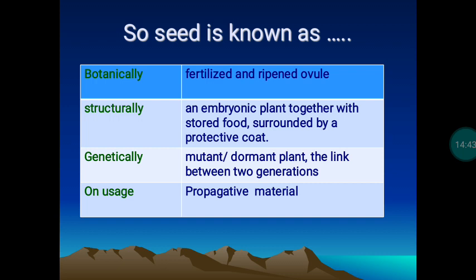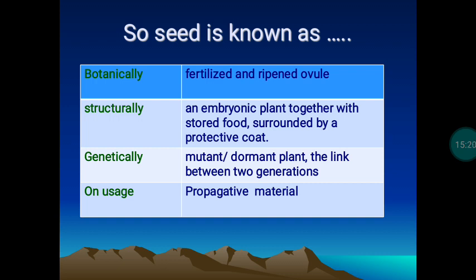Whenever you sow that seed in ideal conditions, at that time only the metabolic activity gets activated and starts to produce the root and shoot. During storage, it remains metabolically less active. I can't say it's inactive, it's less active. The minimum biological processes like respiration will occur, but it will remain in the form of a seed. So they included that word also, mutant and dormant.